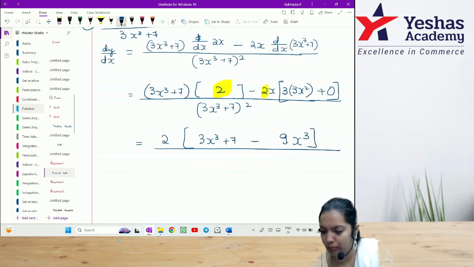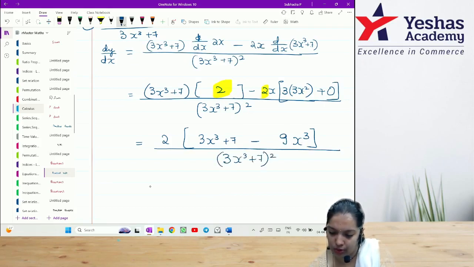What is 3x cube plus 9x cube? 12x cube. So your final answer is 2 times of 3 plus 9. Sorry, 3 minus 9 is minus 6x cube plus 7, divided by 3x cube plus 7 the whole square.